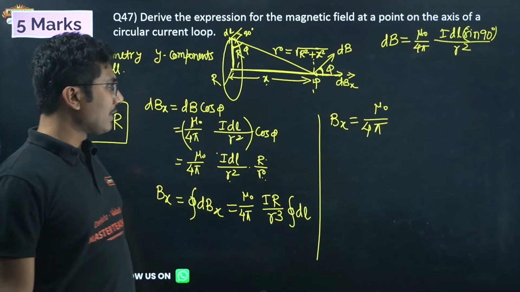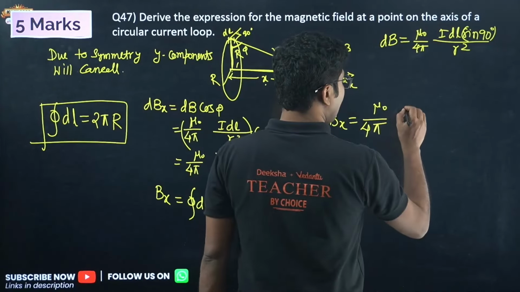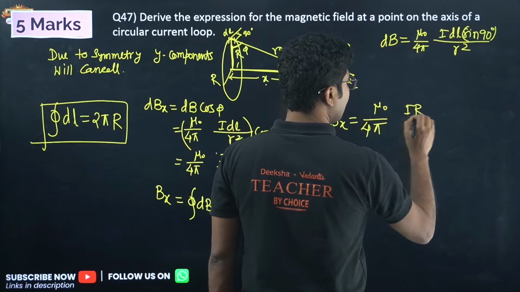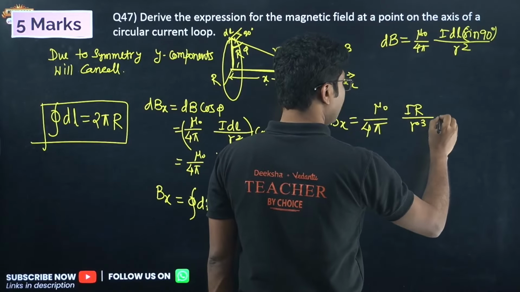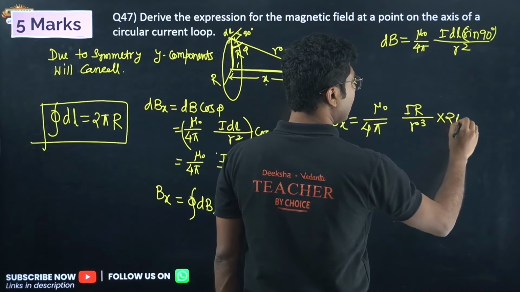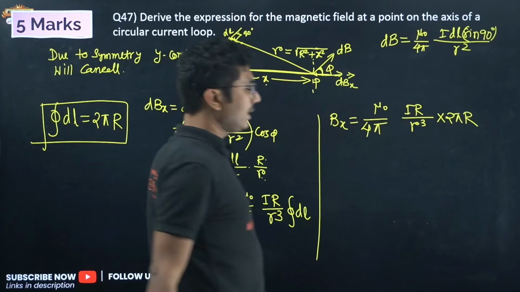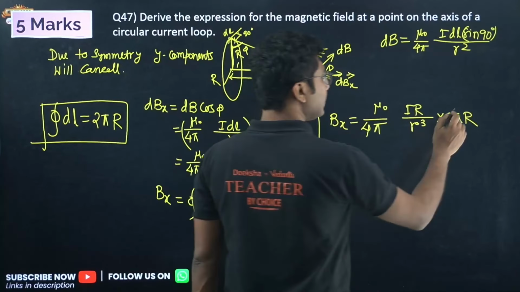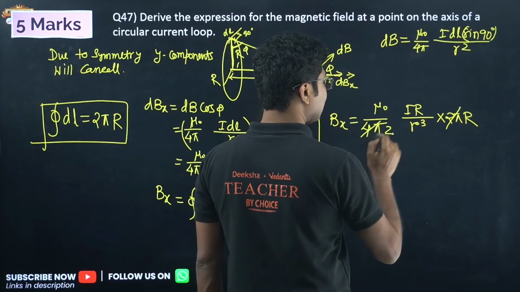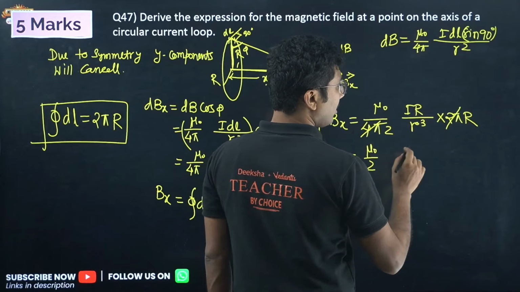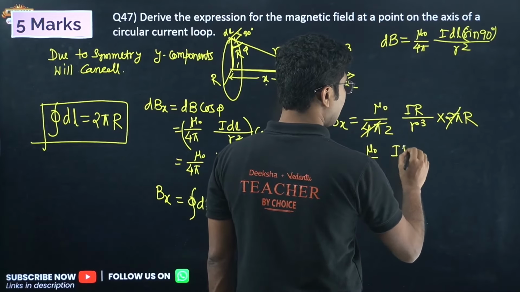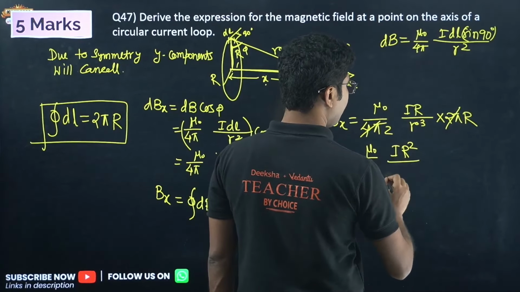Okay, so mu naught by 4 pi, I R by small r cube into the integral of dl, which is 2 pi r, right? So now this 2 pi and 4 pi will be cancelled, and we get mu naught by 2 I r square divided by r cube.